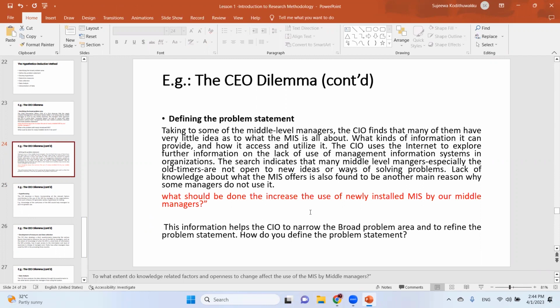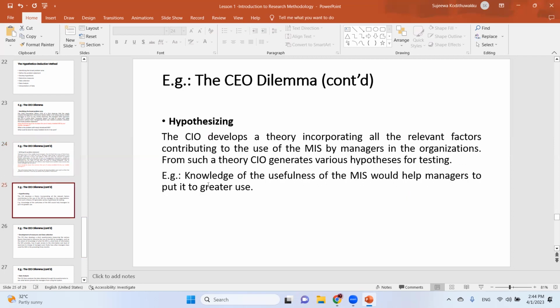What about their level of knowledge, whether it's 50% idea, 75% idea, we don't have the idea. So therefore, you have to develop a hypothesis. The CIO develops a theory incorporating all the relevant factors contributing to the use of MIS by managers in the organization. From such a theory, the CIO generates various hypotheses for testing.